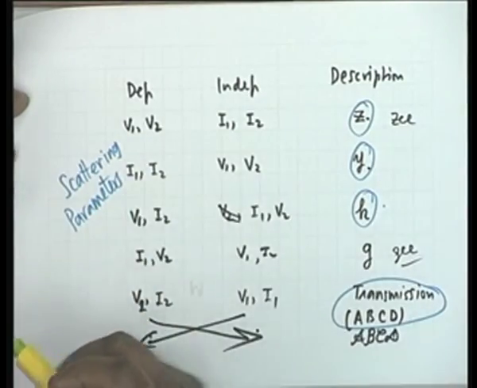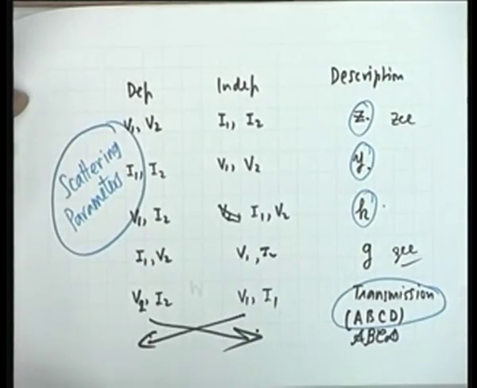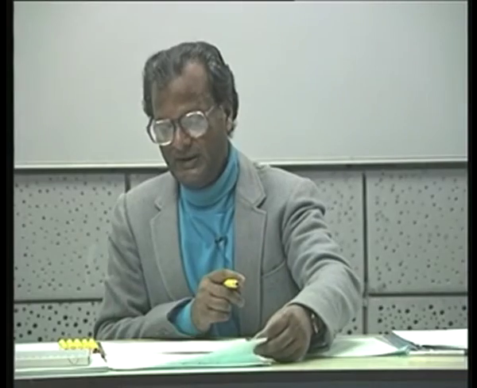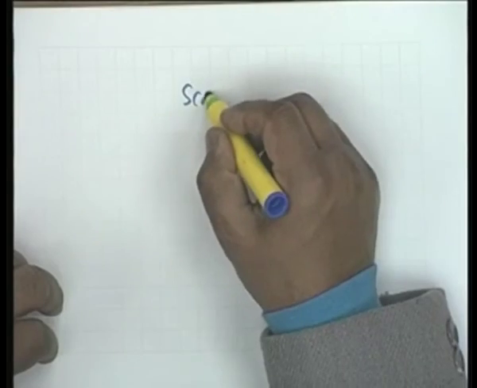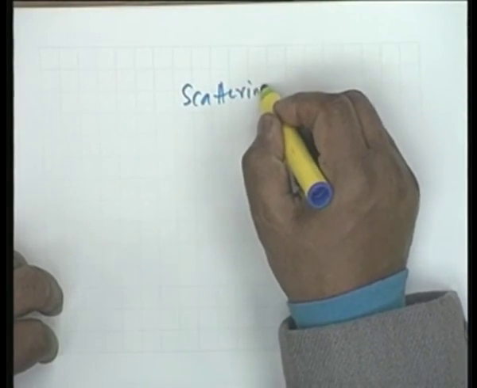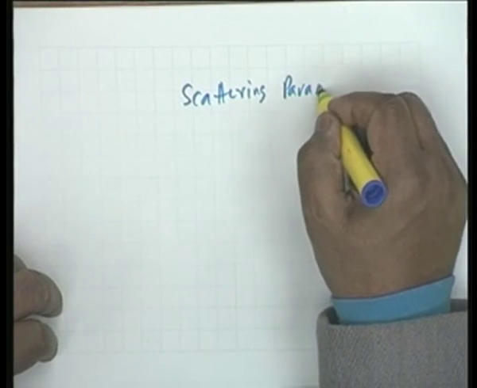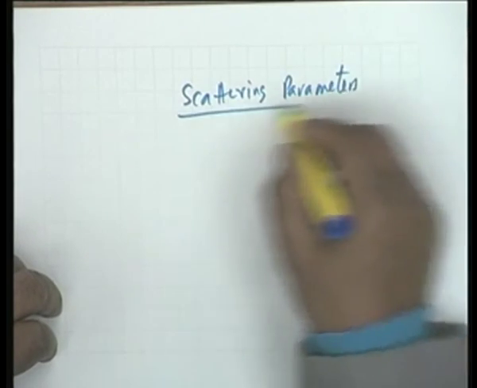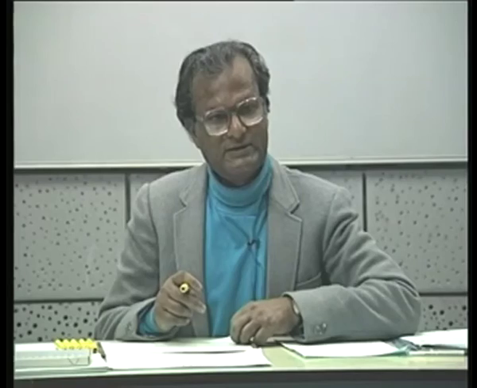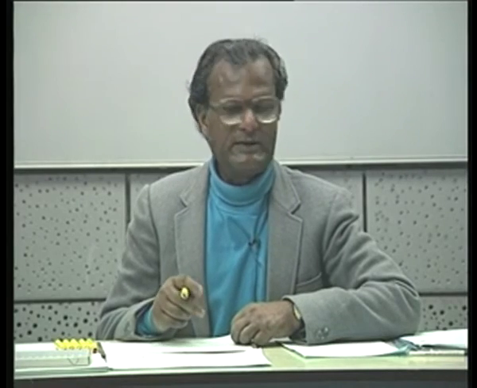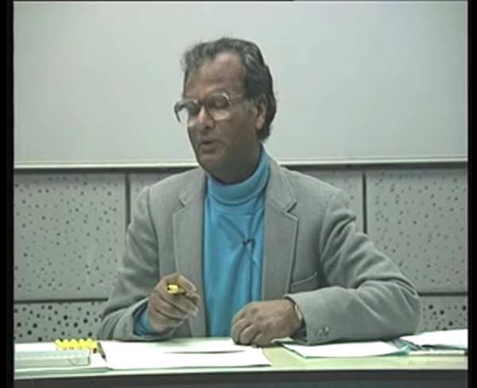They are based on wave descriptions rather than voltage and current, and scattering parameters are extremely useful at microwaves. We cannot do without them, and this is an opportune moment to introduce scattering parameters to you also.